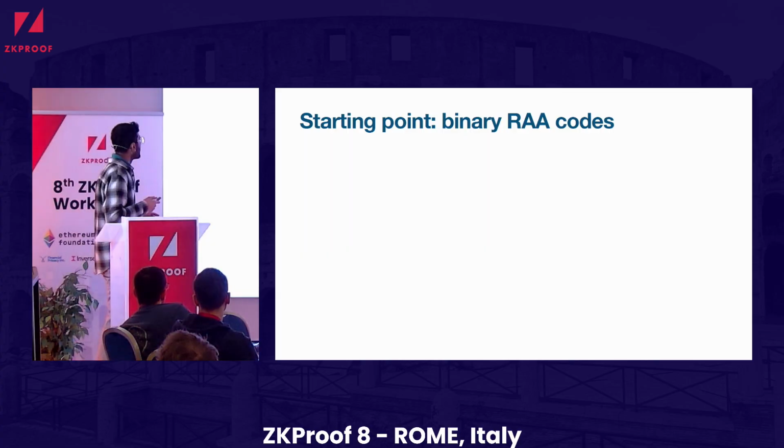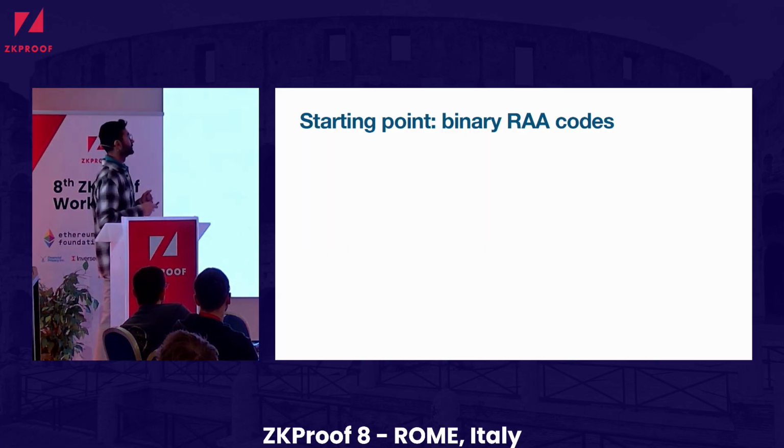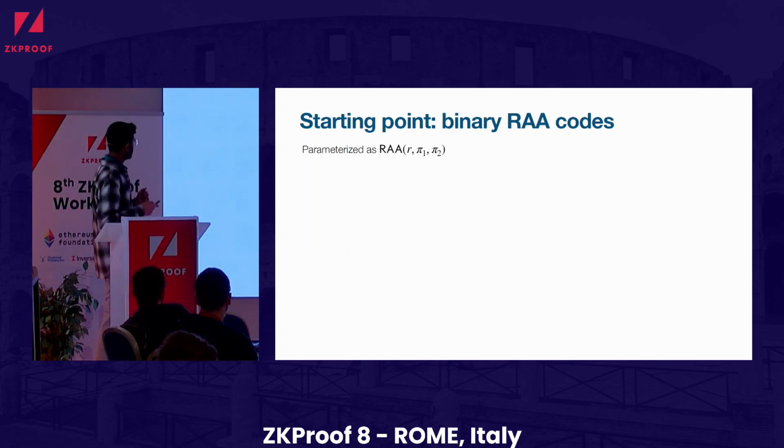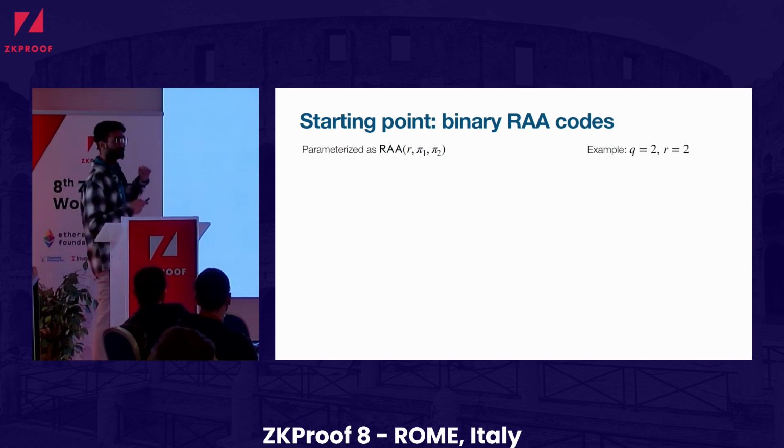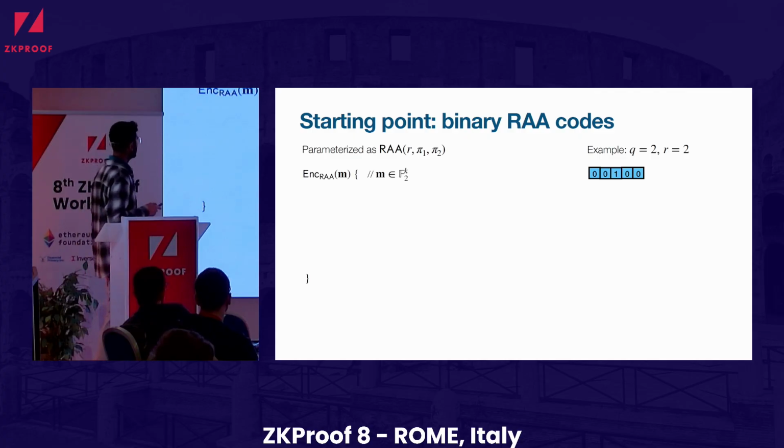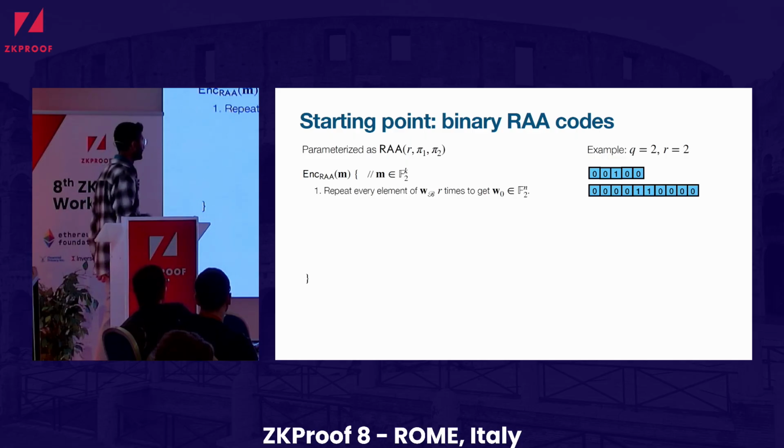Great. So the starting point of our codes is going to be binary array codes, which are parameterized by two permutations and a repetition parameter r. I'm going to have a running example on the side to demonstrate what's going on. You have a message w of length k. The first thing you do is repeat every element of w r many times, and here r equals 2.